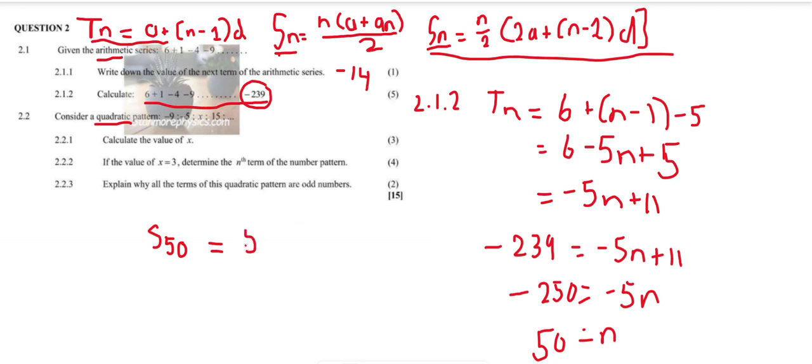So you're going to say 50 open brackets 6 plus, no, in this case it will be minus 239, then all divided by 2.